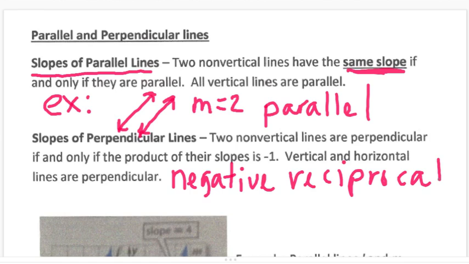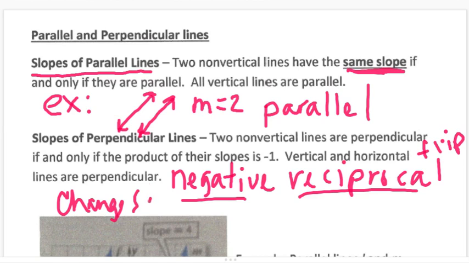Sorry, that's really messy. So let's think about what that means. Negative reciprocal. When we think of the word reciprocal, we flip the fraction, right? And when we have negative, we're basically just changing the sign.